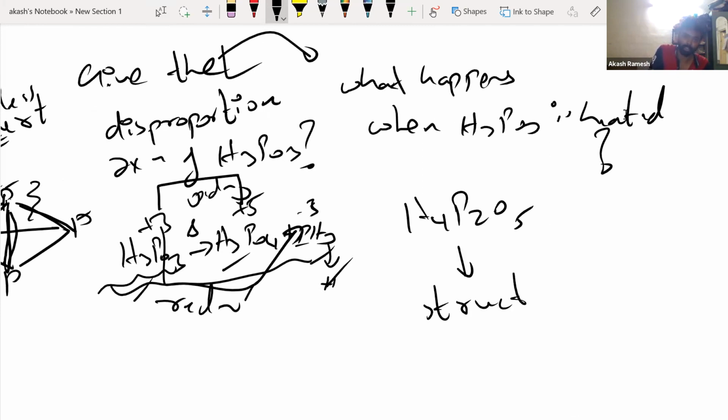Draw the structure and show me on the paper. I want to know what the structure is, or you can send it to me on WhatsApp. Click it and send it to me. I'm looking at the WhatsApp. Group 1, you have 1 minute.